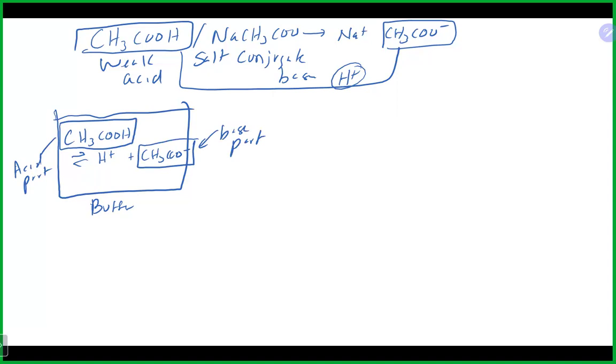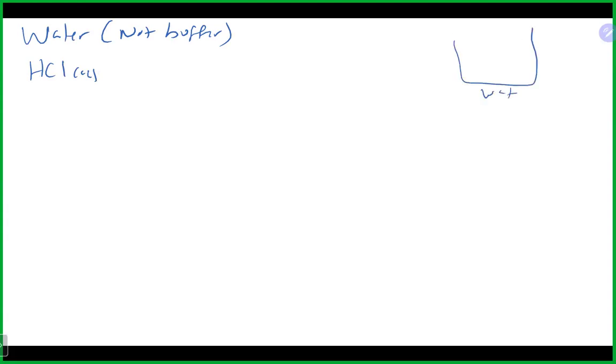So just to demonstrate how it actually works, let's demonstrate what happens when you put an acid or base into something that's not a buffer. So if you took water, which is not a buffer, and you threw some hydrochloric acid into water, what's going to happen is you're going to take your HCl and dump it in.